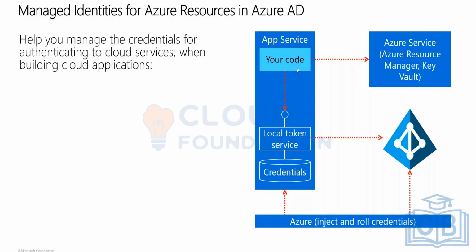What we are doing is specifying the code over here, and with that code we are connecting to the specific service without having to worry whether it has permissions or not. When you try to access that service, it will check for a local token service, see if the app is registered or has a managed identity, and using that managed identity, it will connect to your service.